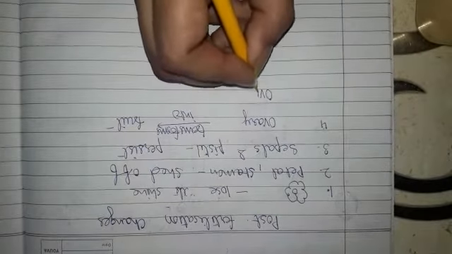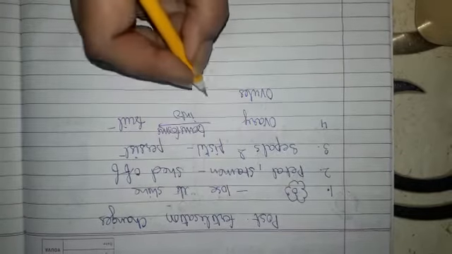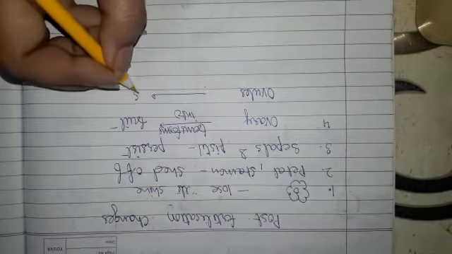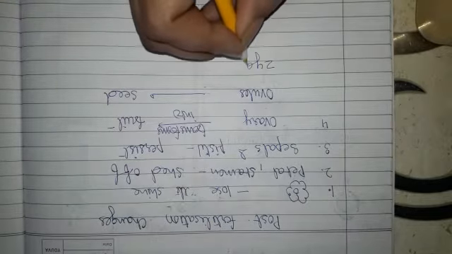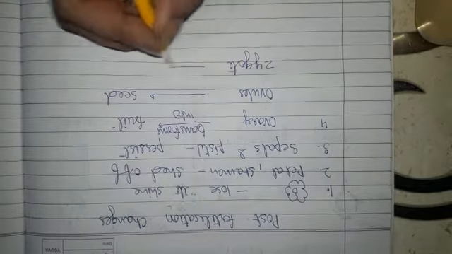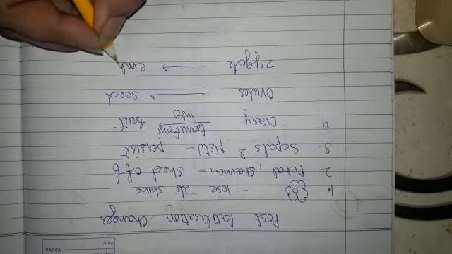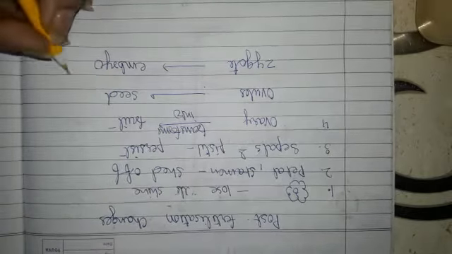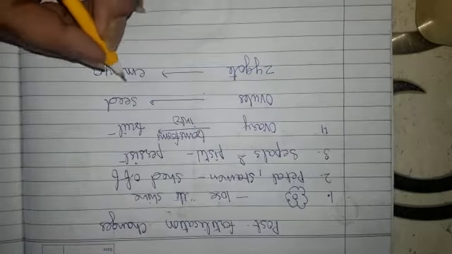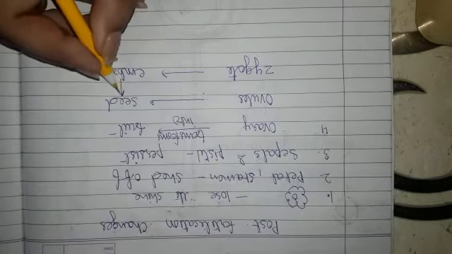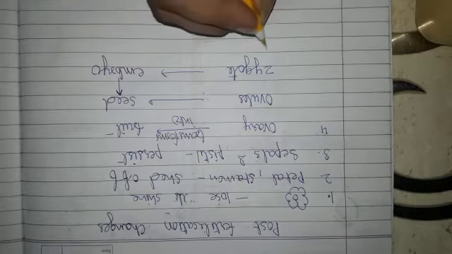and ovules will convert into seed. The zygote that was formed will develop into embryo, and this embryo ultimately will become seed inside the ovule.